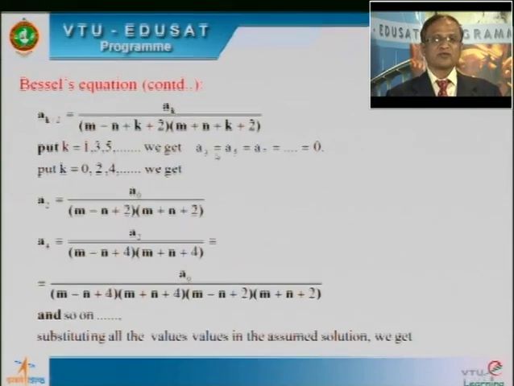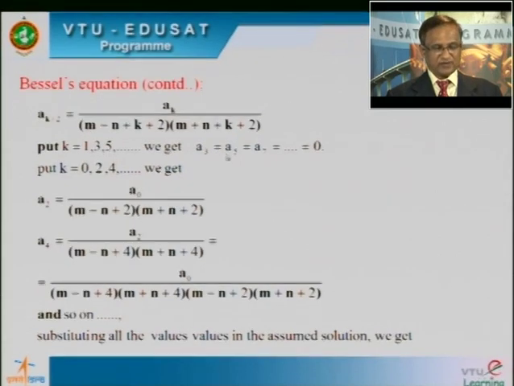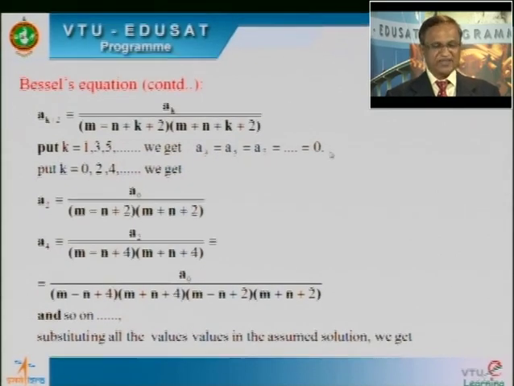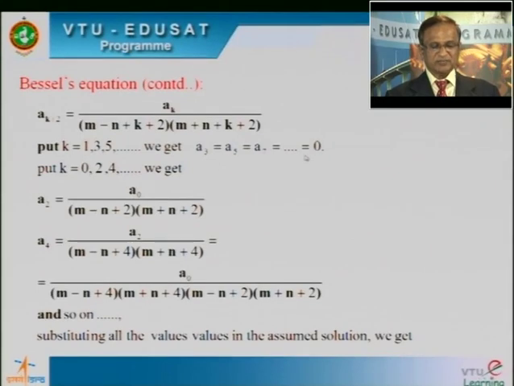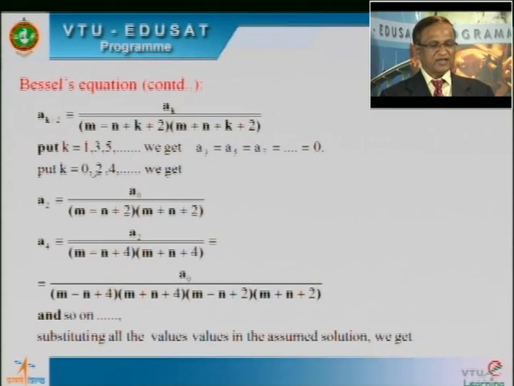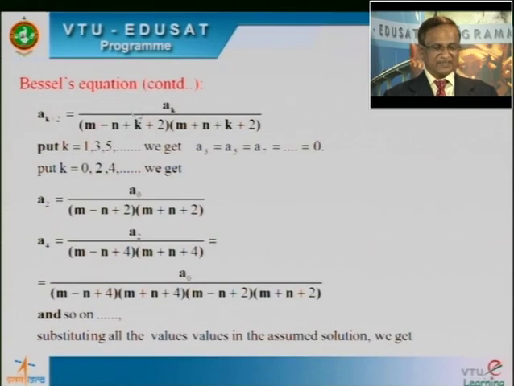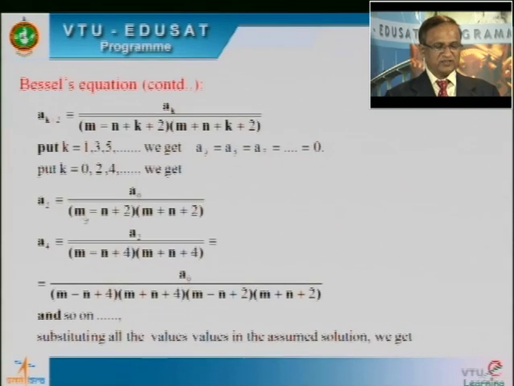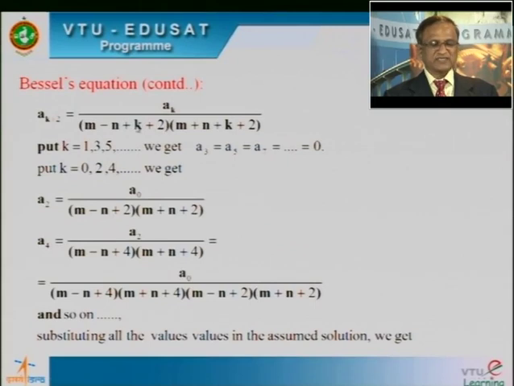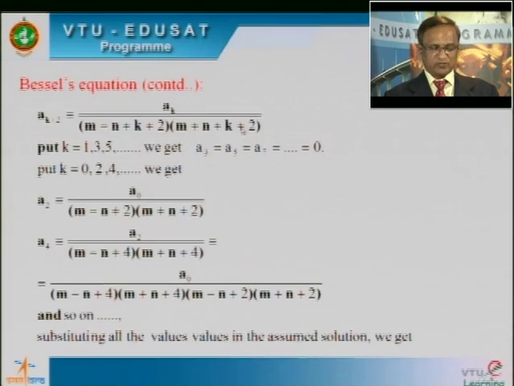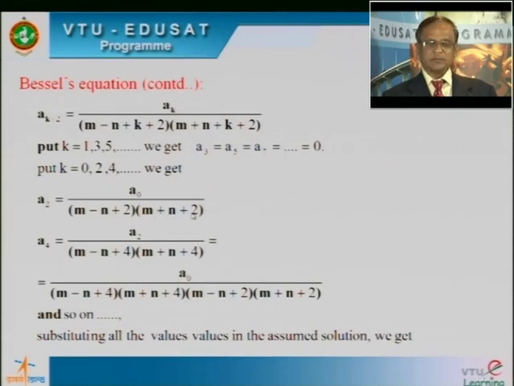I hope you can obtain the value of a3, the value of a5, the value of a7 and so on, and I hope all these become 0, right. And similarly in this recurrence relation we can replace k by 0, 2, 4, 6 and so on, and I can obtain a2 is equal to a naught divided by m minus n plus 2 because when we replace k by 0, similarly m plus n plus 0 plus 2, it means you will get m plus n plus 2, right.